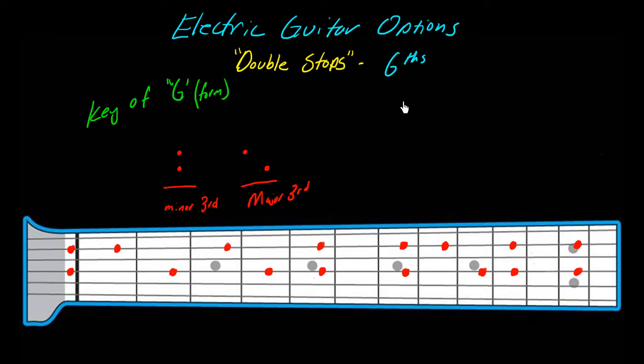This is really cool. But a couple things before we get to that: there are two types of sixths, just like there are two types of thirds. Let me write this. Two types of sixths.